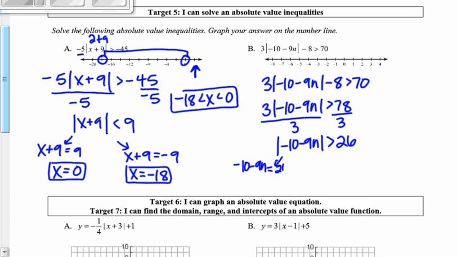So I'm setting it equal to a positive 26 and a negative 26, just like I've been doing, and I'm going to solve both of these. I'm running out of room here, so I'm not going to show all of my work. But I got negative 4 for this key value.